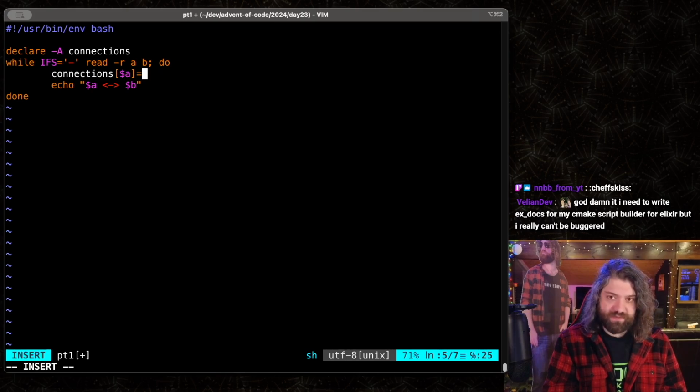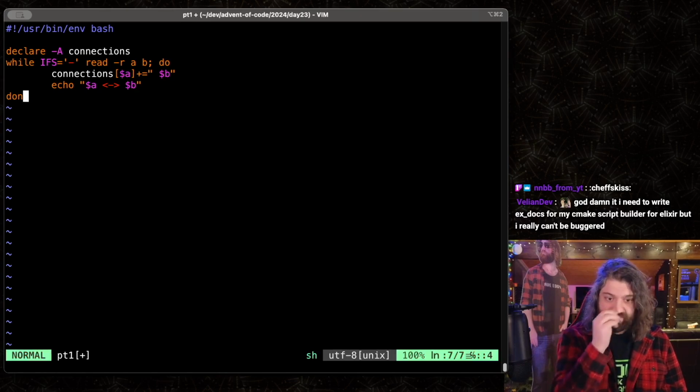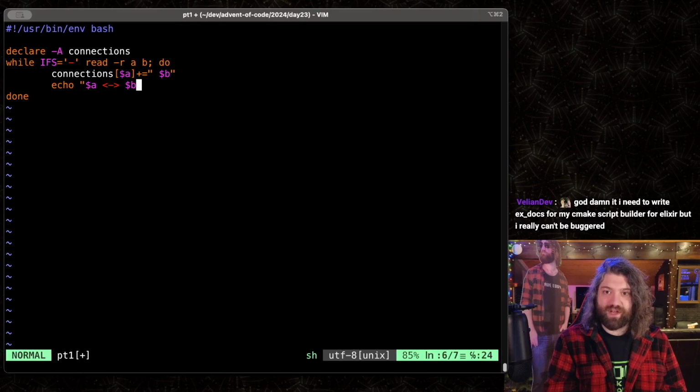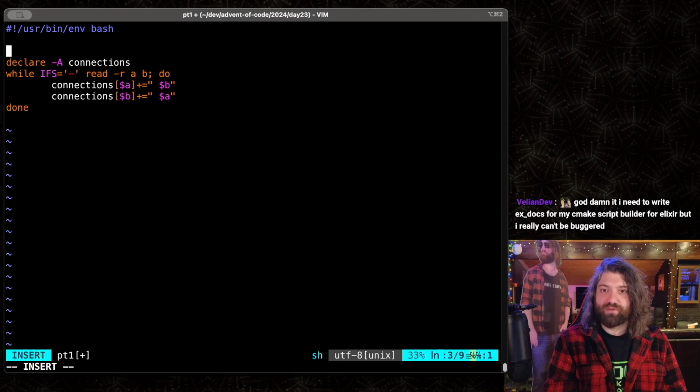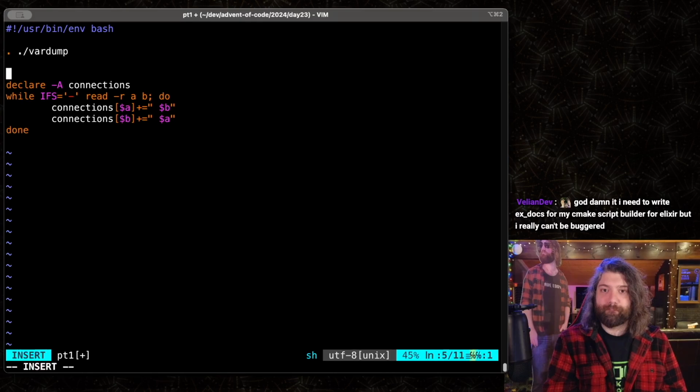So what we'll do instead is we'll do a space and that. So we'll construct a string and we will append it. So it'll be a space separated list of all possible connections. We will get duplicates here. This is very important. We will have duplicates, so we'll have to go through and normalize this data. But that's okay.